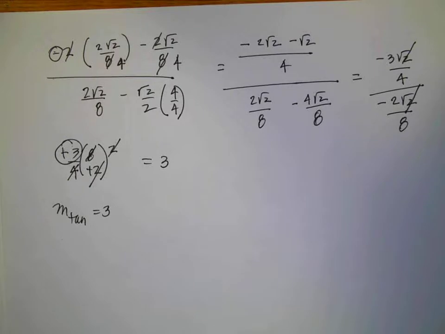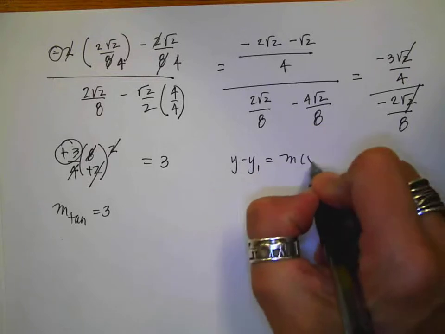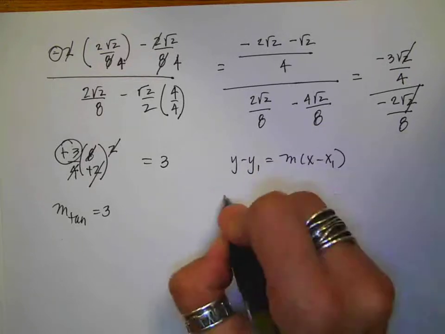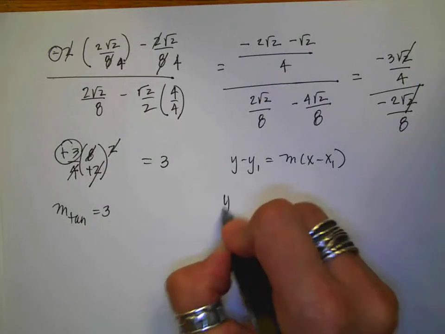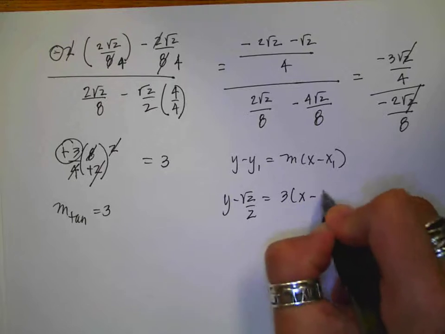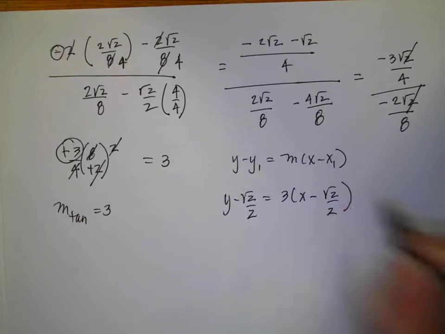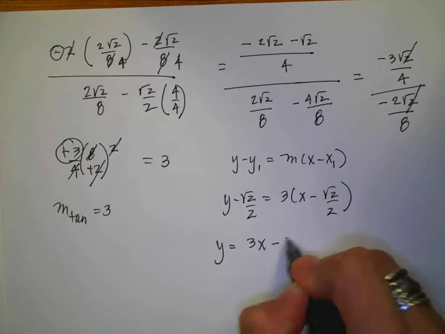But we're not done because they asked me to write the equation for the tangent line. I use my point slope formula, y minus y1 equals m times x minus x1. And I'm going to use the only point that we have, which is kind of gross. Y minus radical 2 over 2 is 3 times x minus radical 2 over 2. Clean it up.